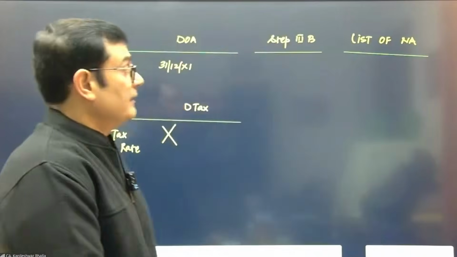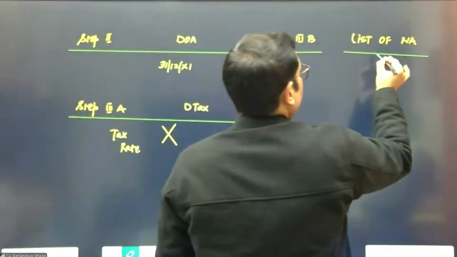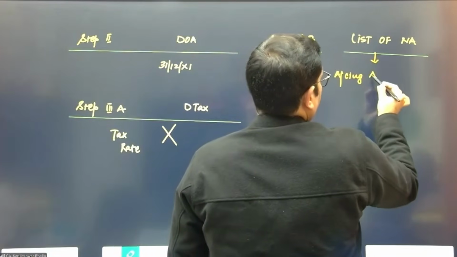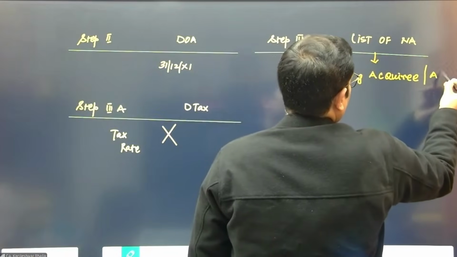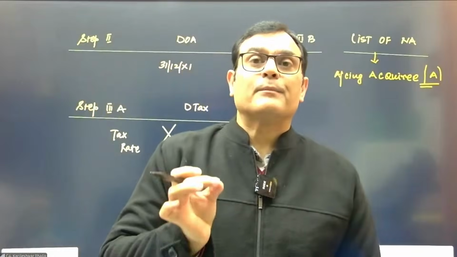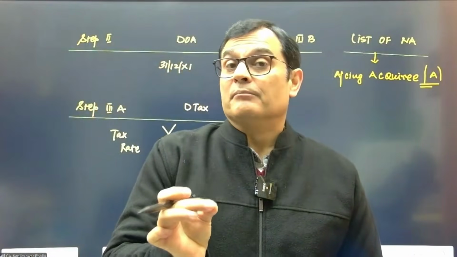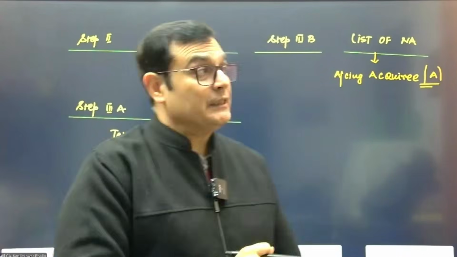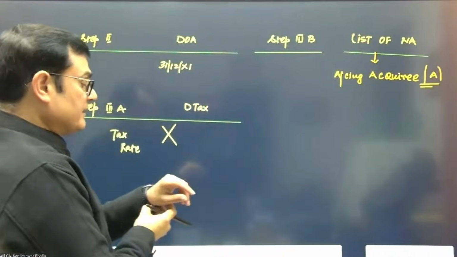So the focus point is that we need the net assets of the accounting acquiree, which in this case is A. And that was the subtle hint. The examiner was giving you the fair value of the net assets of A because it was a reverse acquisition and therefore A was the accounting acquiree. So he already gave you the fair values of the accounting acquiree.